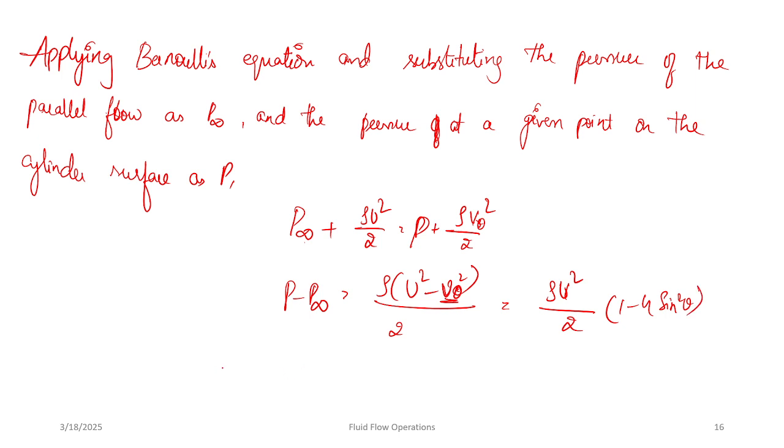So (P minus P infinite) by (rho u square by 2) is equal to 1 minus 4 sin square theta. That's equation number 5.